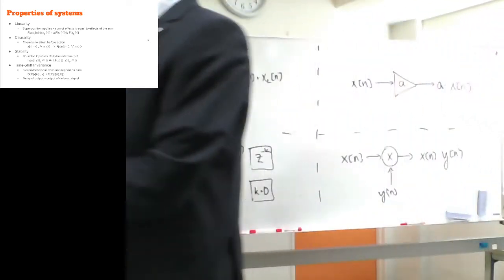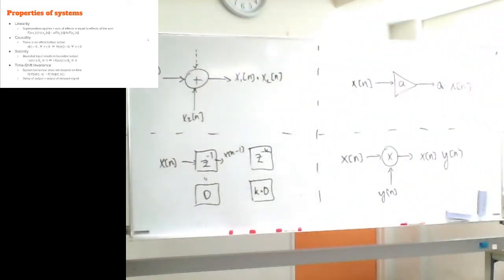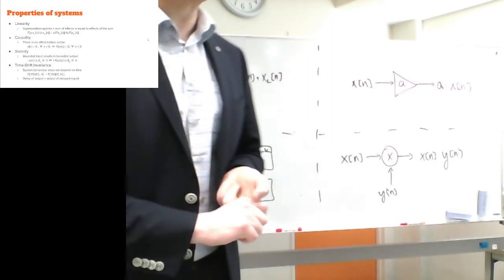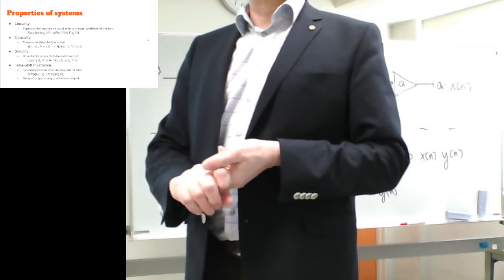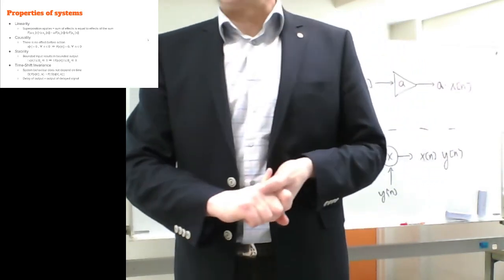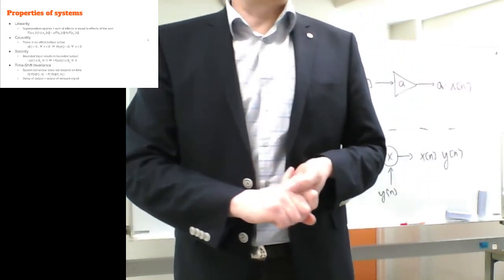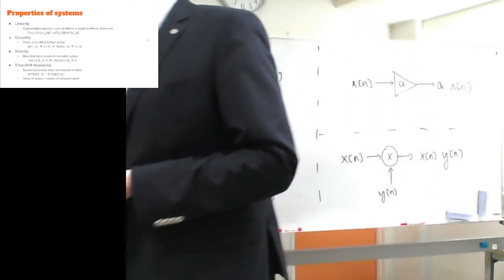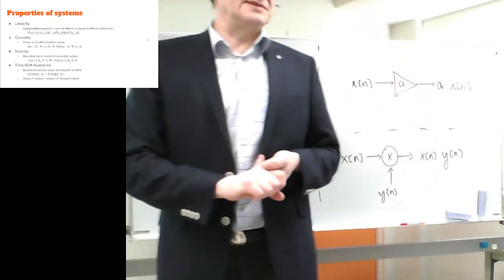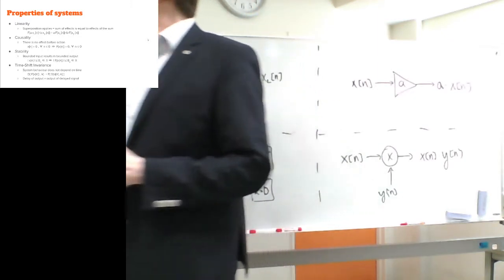Okay, nice property, linearity. Not totally necessary, though. For example, there are nonlinear systems which are very useful, for example median filtering. Very nonlinear, but used a lot, especially in image processing.